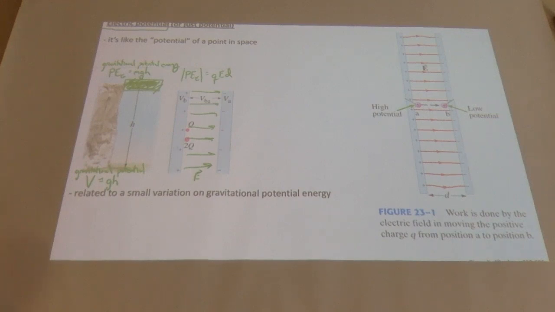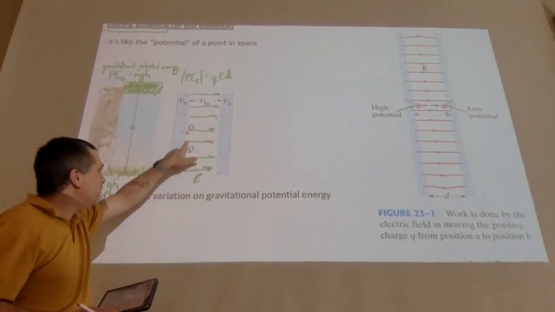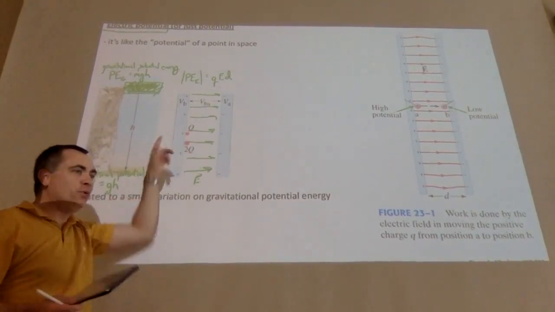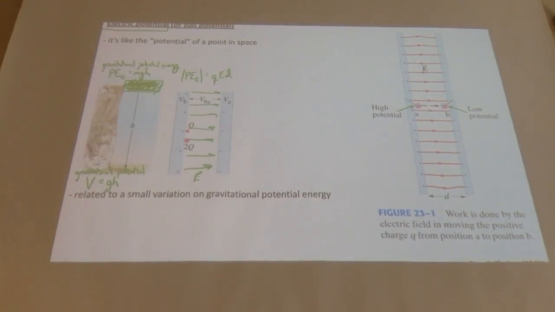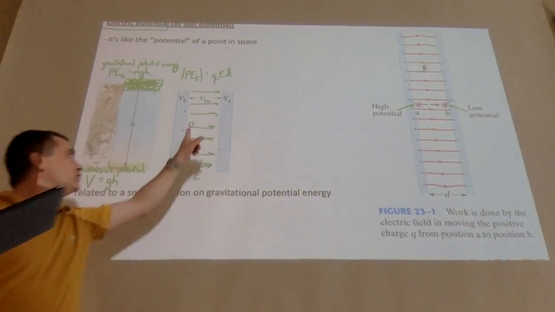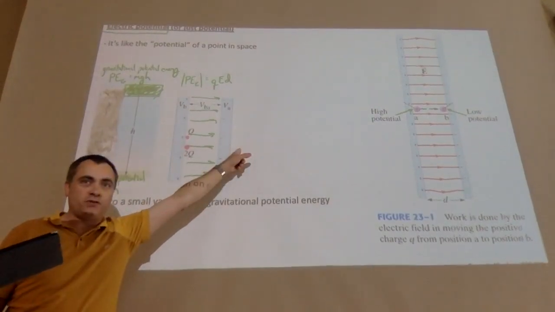If I take the charges out, that hasn't changed that region of space. There's still an electric field here, and that point in space is still a point that has a lot of opportunity, a lot of possibility, a lot of potential. Because I know that if I put a charge there, it will possess potential energy because it wants to be pushed this direction.